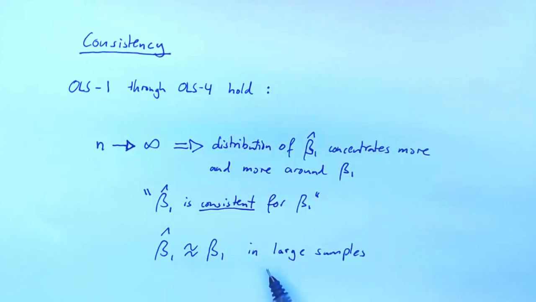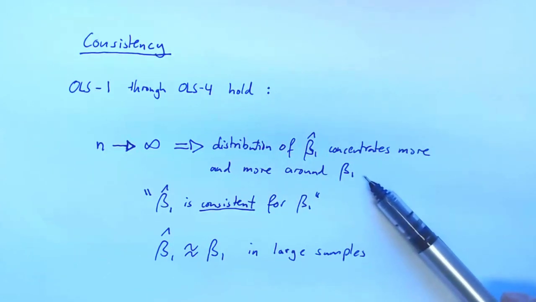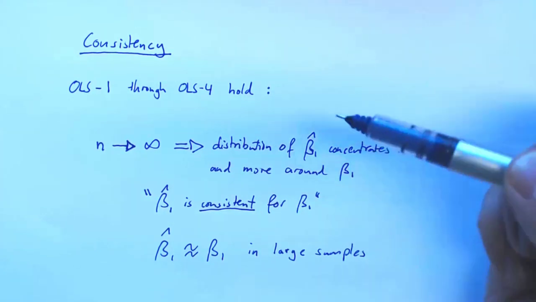And we will use, heuristically, such relationships later on. So this is very informal notation that we just use for this course, where we don't want to emphasize the mathematics. Clearly saying that the distribution of beta 1 hat concentrates more and more around the truth, well, given that beta 1 hat is unbiased, this is equivalent to saying that the variance of beta 1 hat is becoming smaller and smaller as the sample size increases.